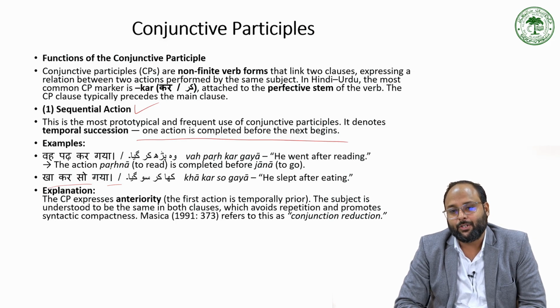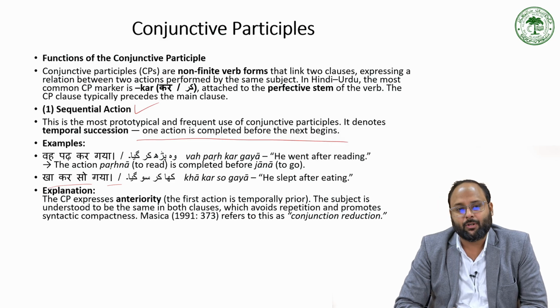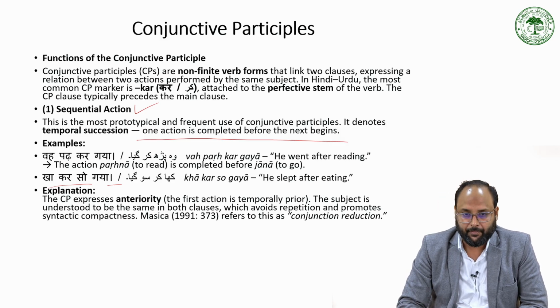We are just reducing the auxiliary and the subject, the doer of the action, so we are not using the subject twice. In some forms like खाकर सो गया, वो खाकर सो गया.